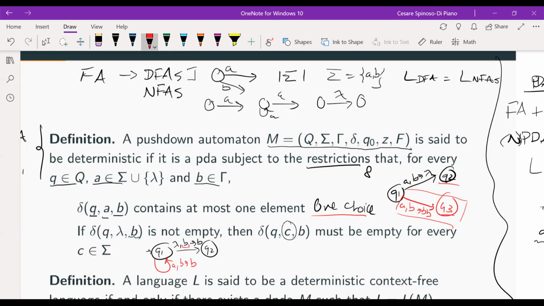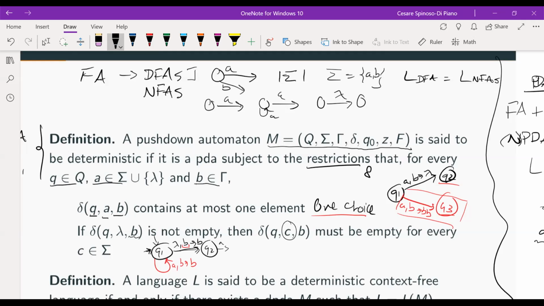You might say, well, it doesn't really look like there's two choices here. But actually there are, because let's say you just got to Q1. Then you can either do nothing and go to Q2, and then maybe in Q2 there's going to be an A transition.